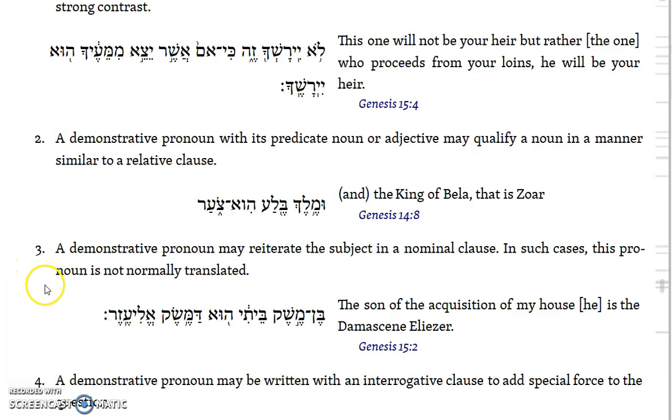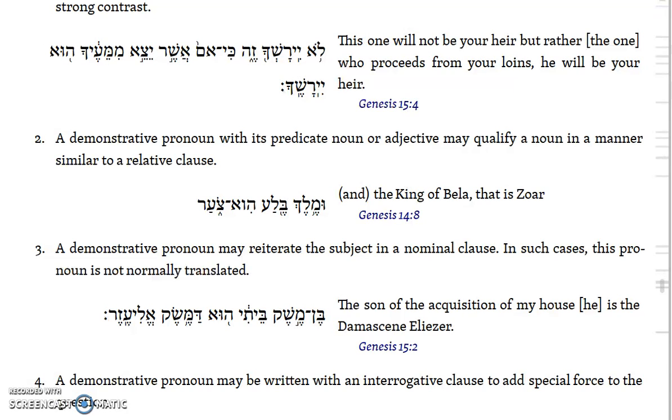Number 3, a demonstrative pronoun may reiterate the subject in a nominal clause. In such cases, this pronoun is not necessarily even translated. So here you have the son of the acquisition of my house, and then it uses "who," he is, and then Eliezer of Damascus is what follows.